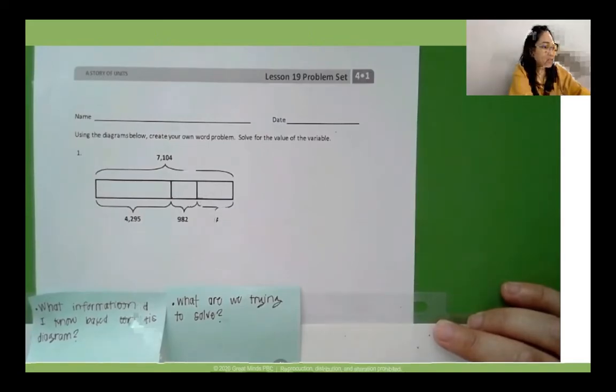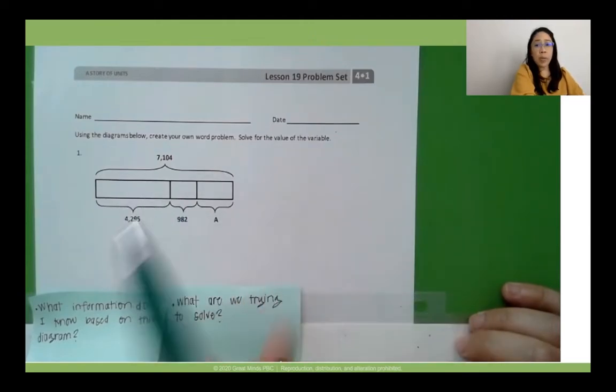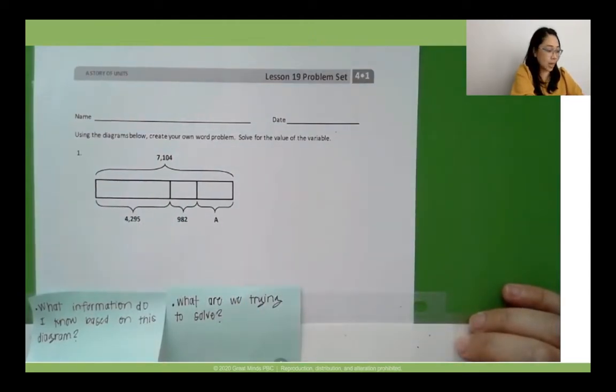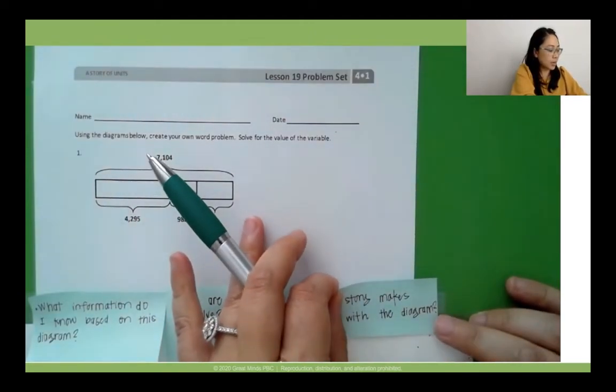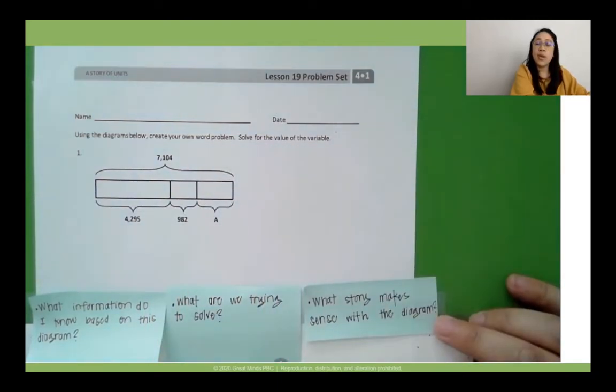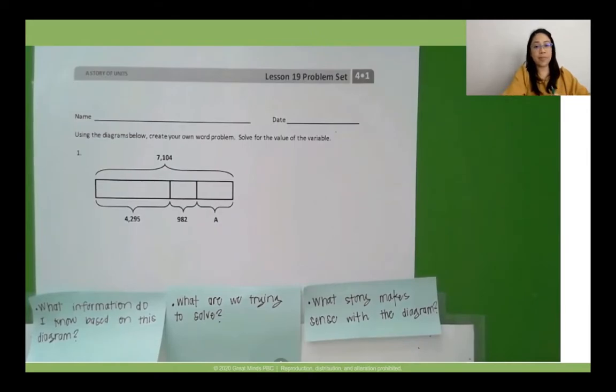Now, in thinking about this tape diagram and coming up with a word problem to go alongside it, we can ask this question. What story makes sense with the diagram?